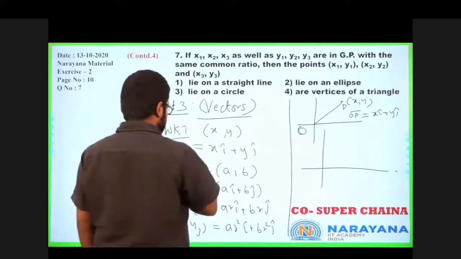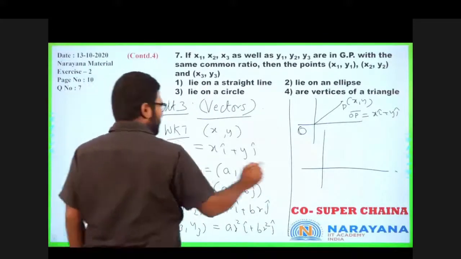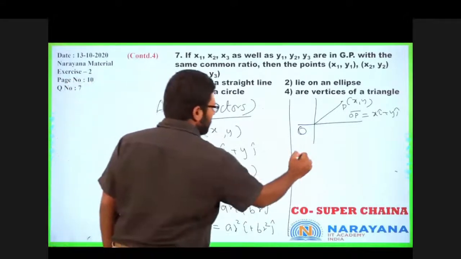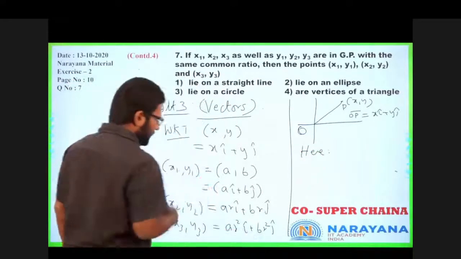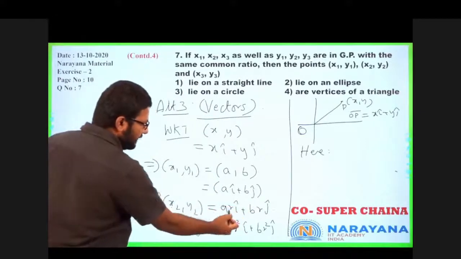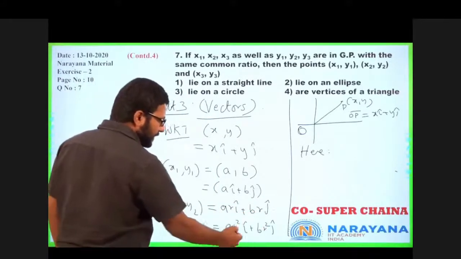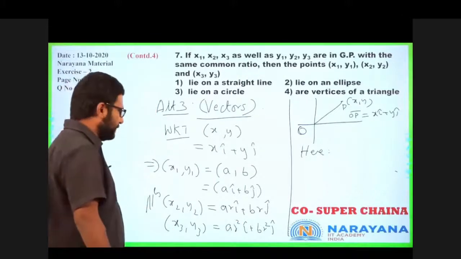Let us write the observation first. What's happening here? If I take r outside, I will again get a i cap plus b j cap. If I take r square outside, again we will get a i cap plus b j cap, right?